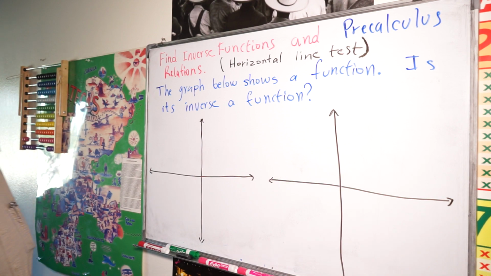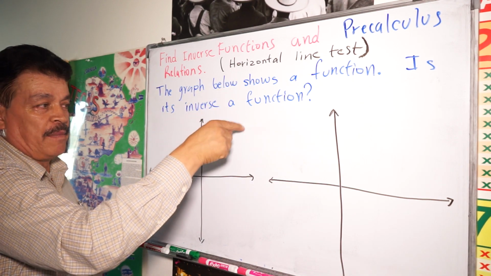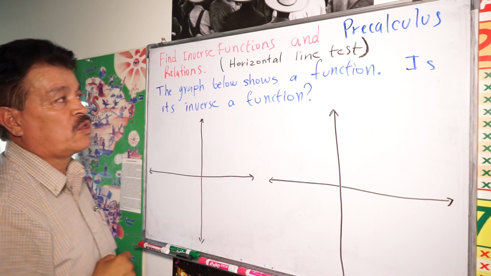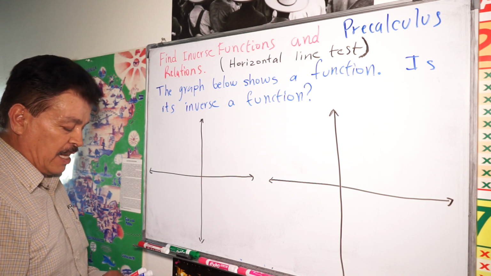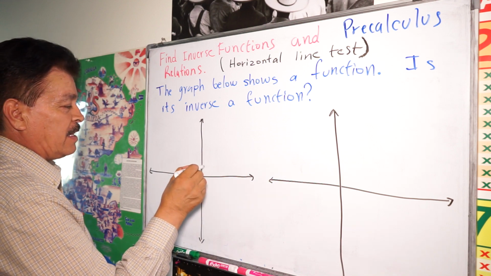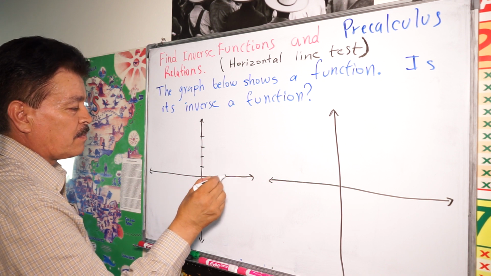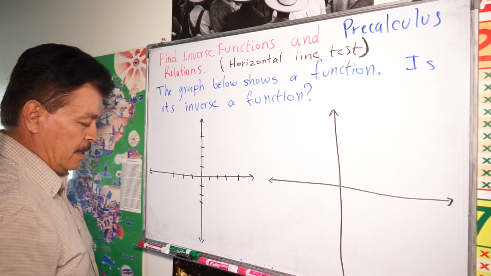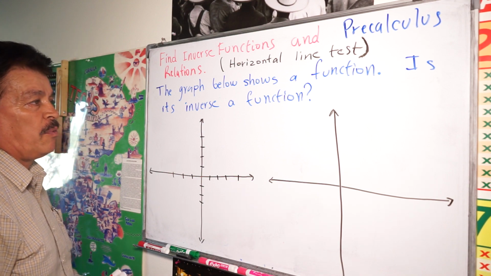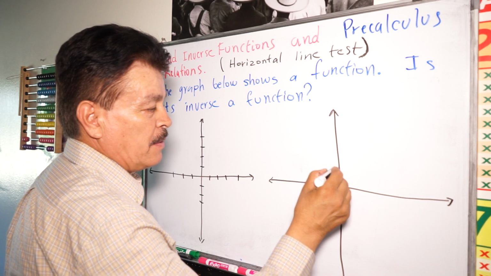To find inverse function and relations, the main idea here is to use the horizontal line test. How do we use that when you have a graph like this? Just giving a couple of points. Look at the question here also.